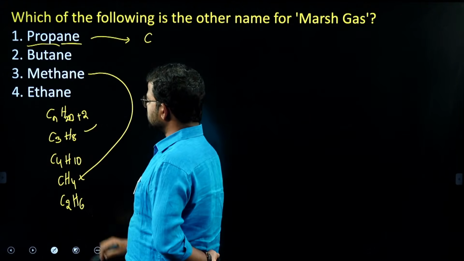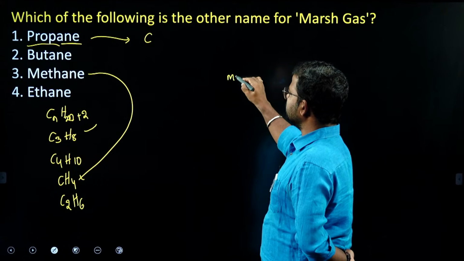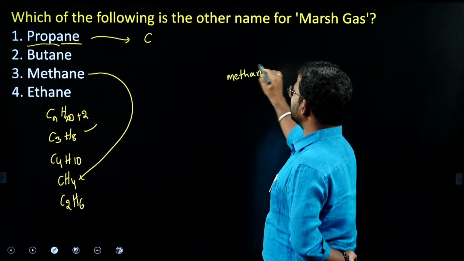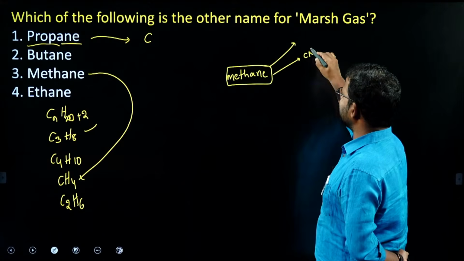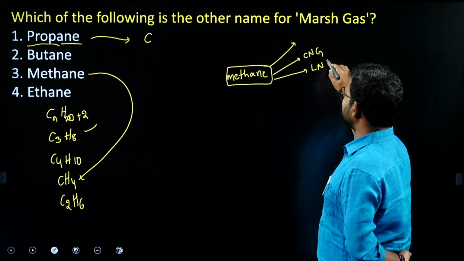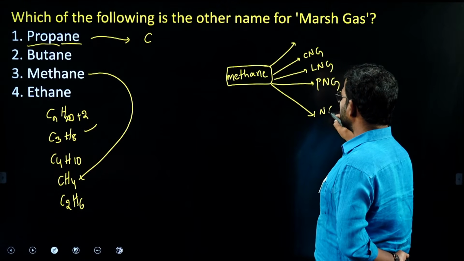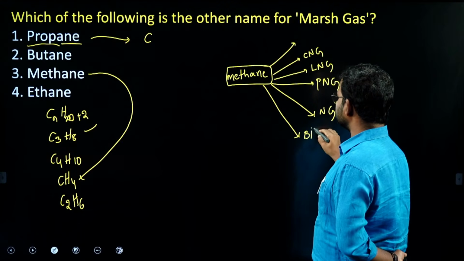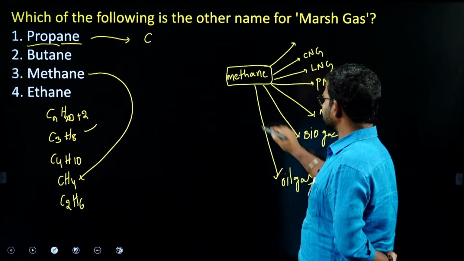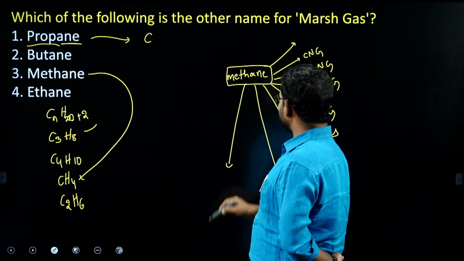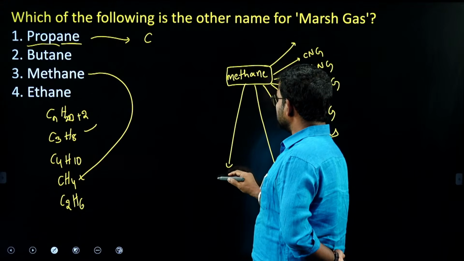Actually, methane is considered marsh gas. Methane has different common names. The first one is marsh gas. Second, CNG, compressed natural gas. Next, LNG, liquid natural gas. Next, PNG, piped natural gas. Next, NG, natural gas. Next, biogas, oil gas, and coal gas.